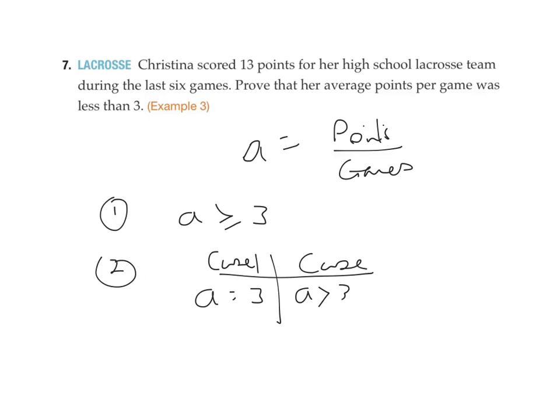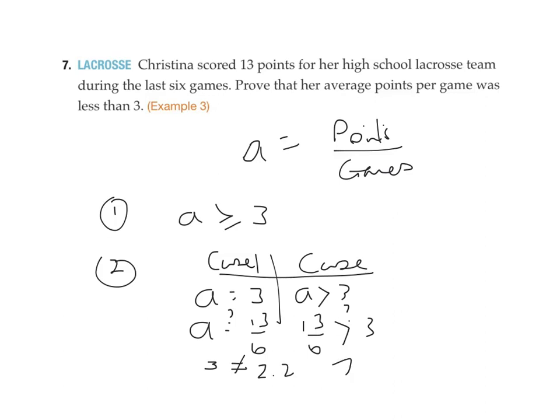Right, so does A equal or not equal? We're not quite sure, so let's put a question mark over that. Is 13 over 6 greater than, and we're not quite sure, so another little question mark, 3? Well, 13 over 6 is 2 and 1/6, which is about 2.2.